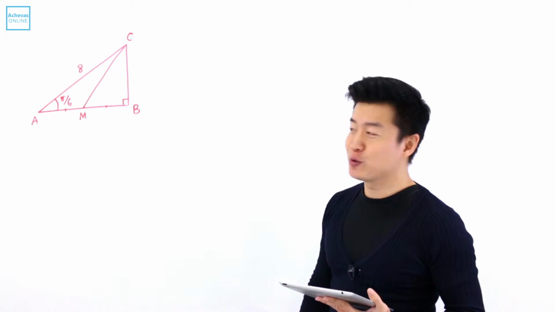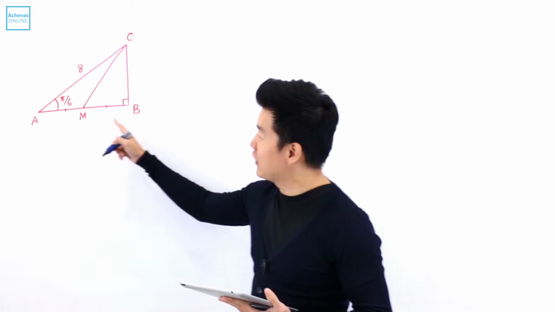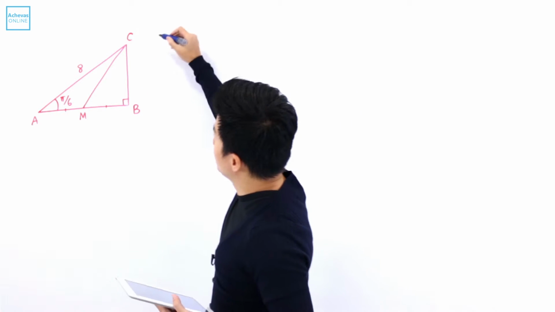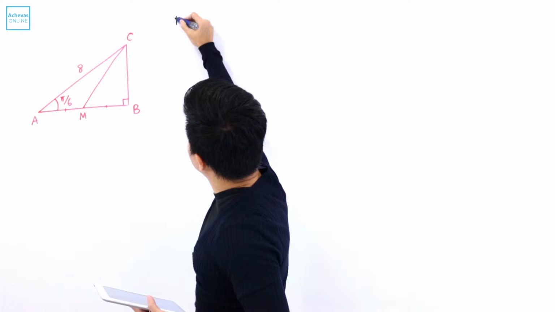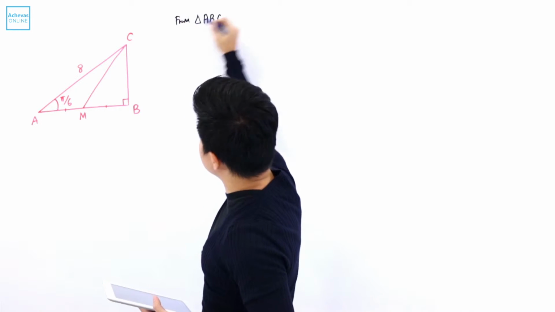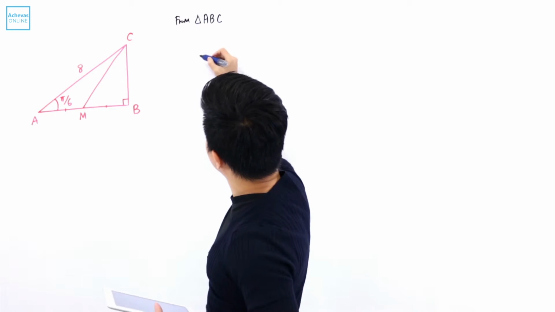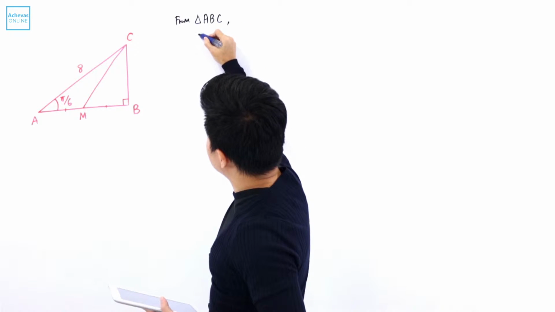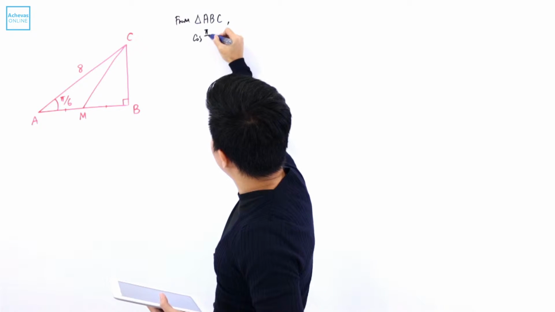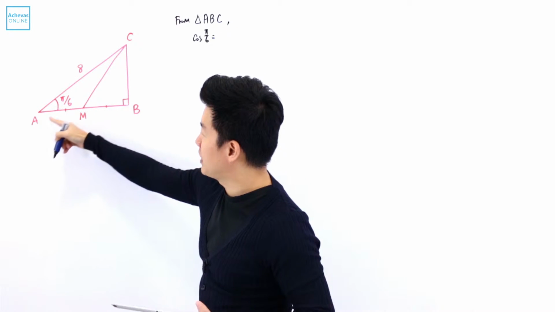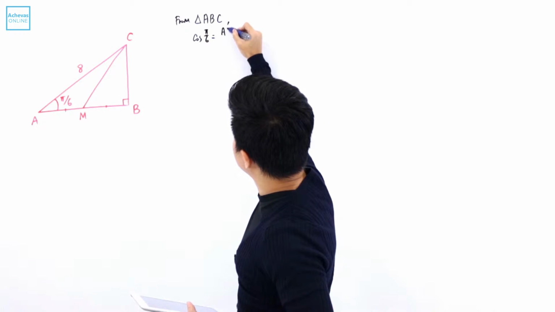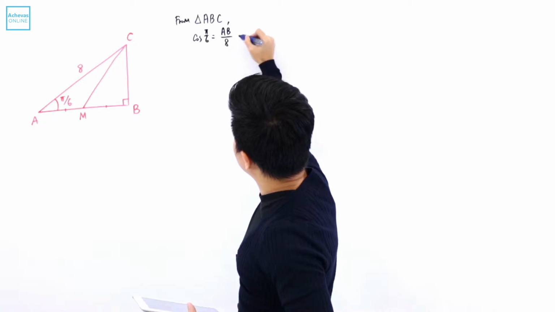The first thing that I'm going to do is try to find the length AB and the length BC. Making use of the triangle ABC, this triangle here, if I were to do cosine of pi over 6, cosine of pi over 6 is adjacent over the hypotenuse, so it is AB divided by 8.